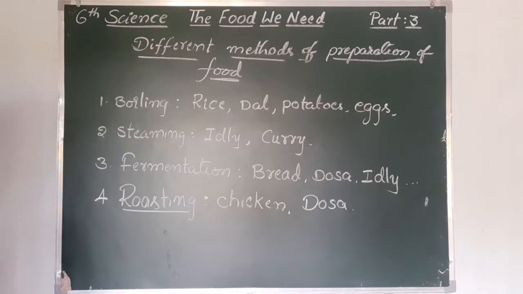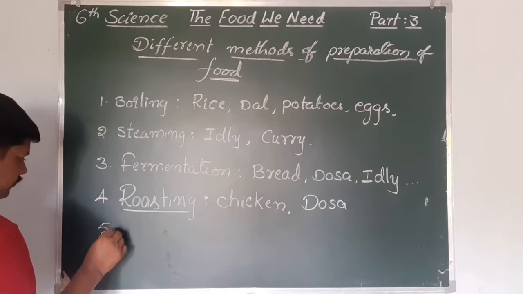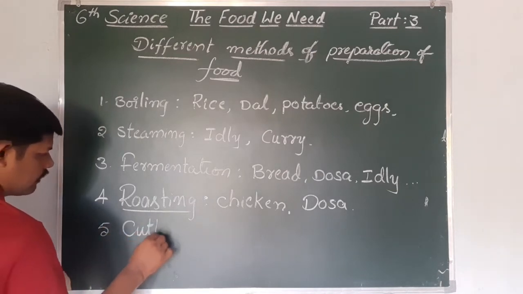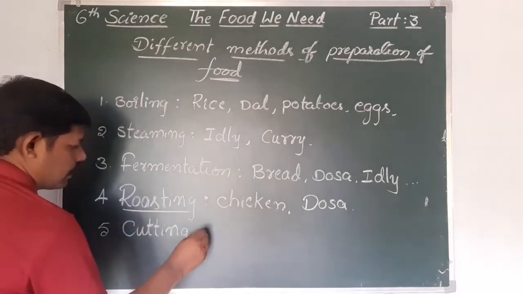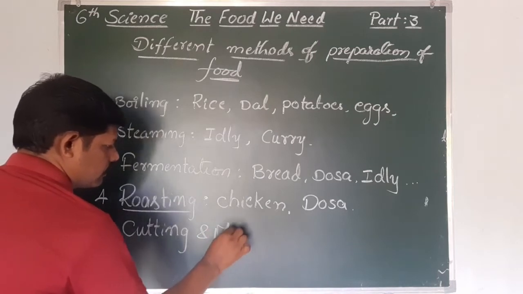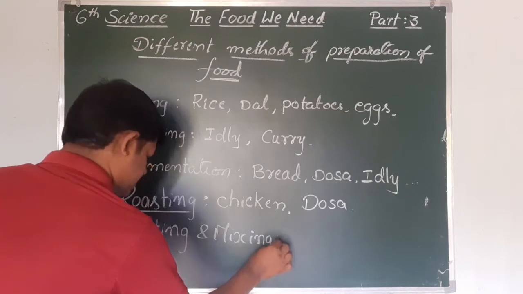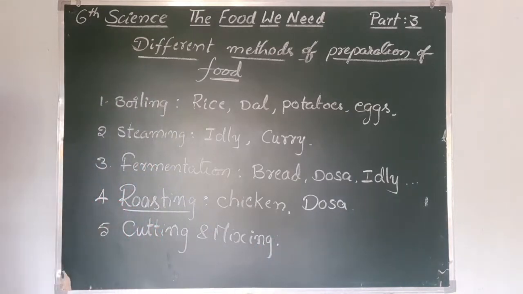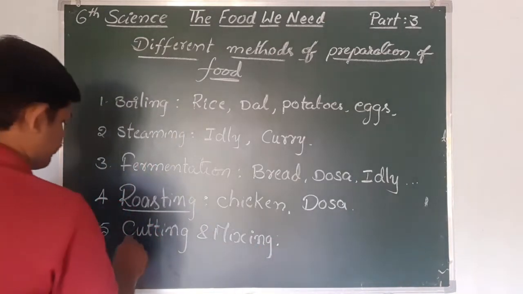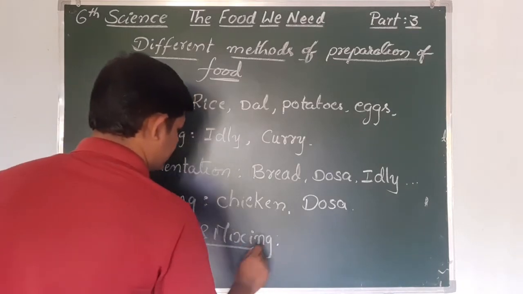And one more, cutting and mixing. Just cut the vegetables and fruits. Sometimes we use fruits also, cutting and mixing.